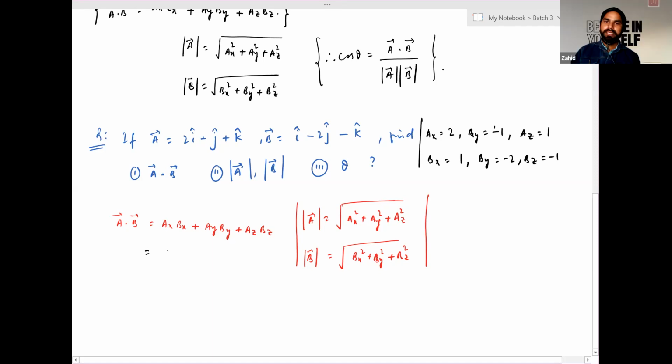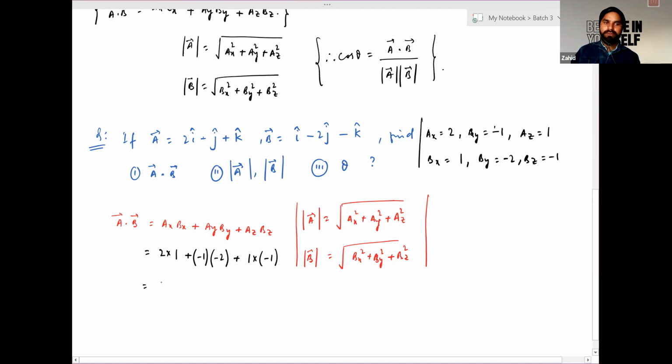If you put ax, which is 2, bx, which is 1, plus ay is -1, and by is -2, az is +1, and bz is -1.